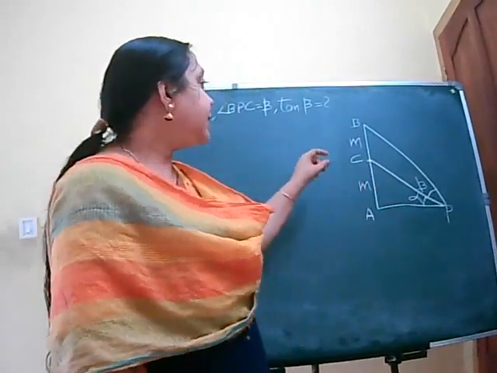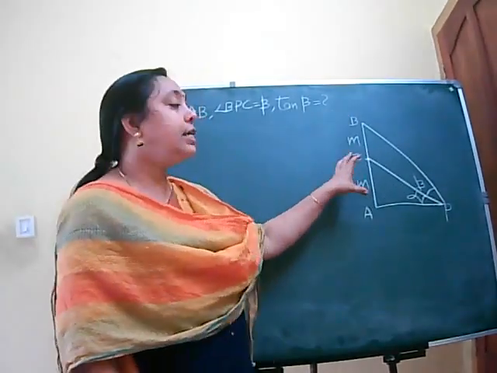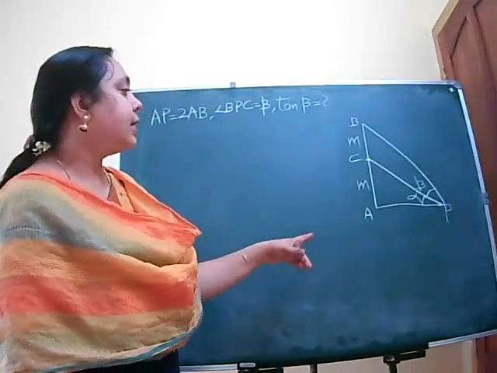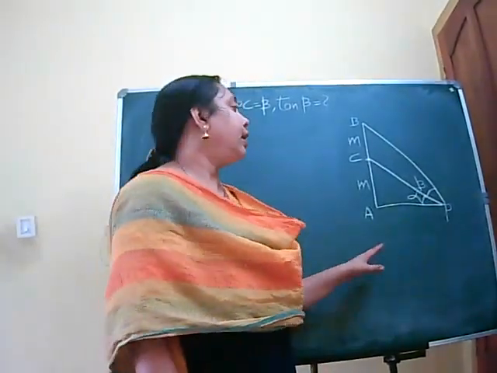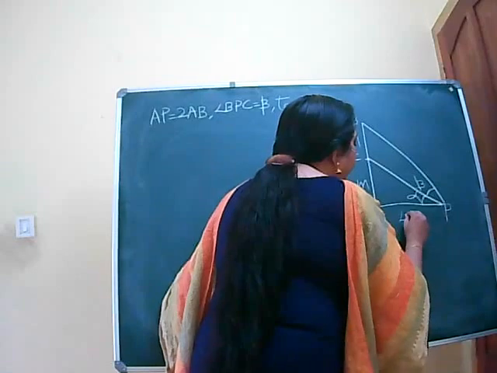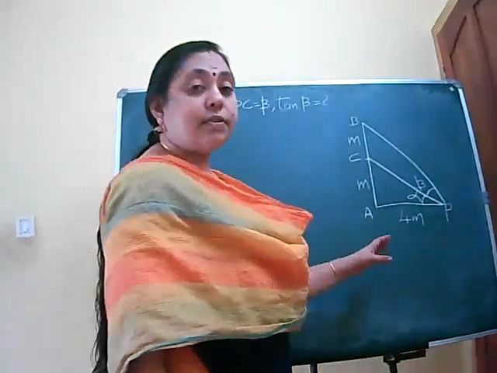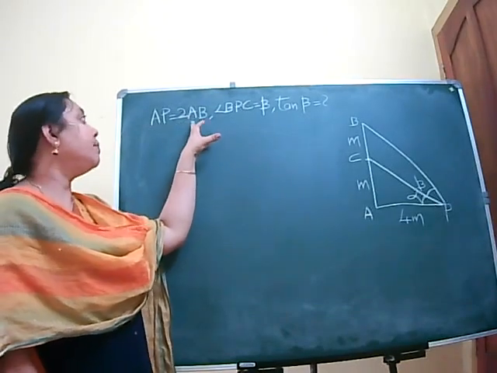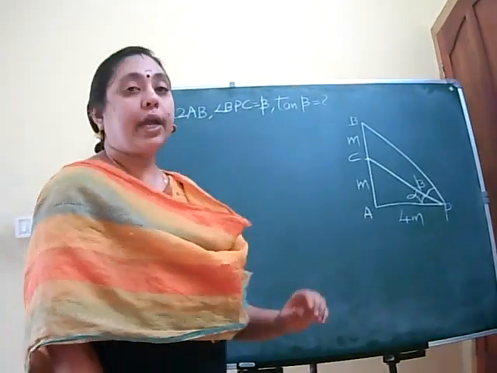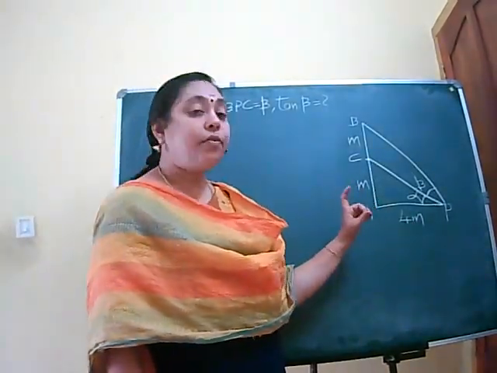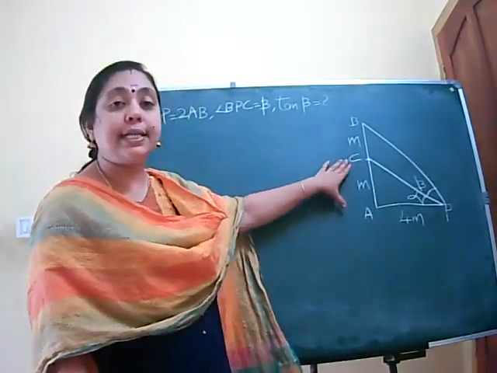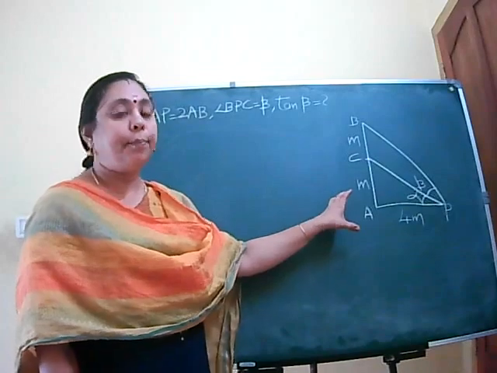Now the distance AB is 2m. So we can say that the distance AP is 4m, since we are given that AP is 2 times AB. That is, we have chosen the distance between A and C as m.